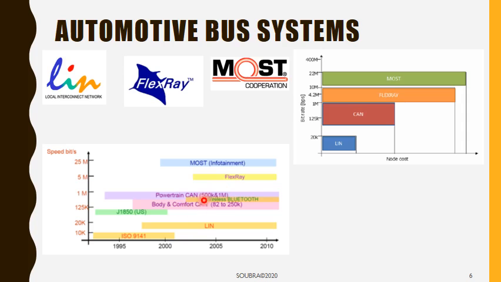Okay, and something that we have mentioned but didn't really talk about yet, right? You can see that there's a CAN bus here, and we can see the different speeds and the timeline. Right, so let's switch to that particular schematic here, so we can see the LIN with the speeds, the bitrate again. However, this time the x-axis is the cost of the node.